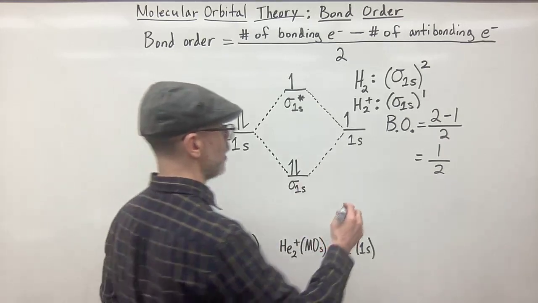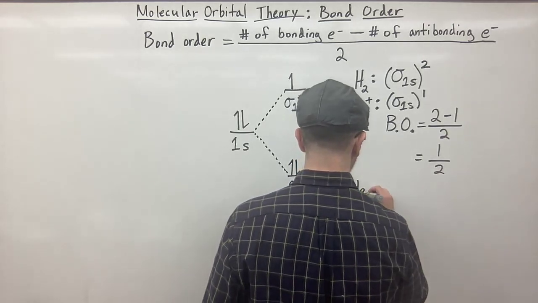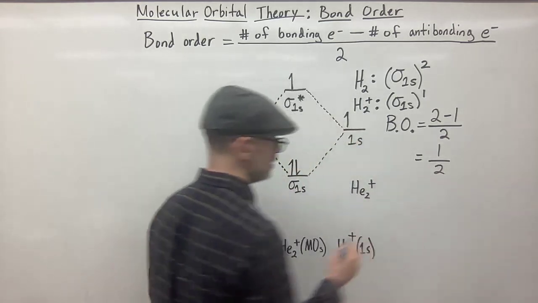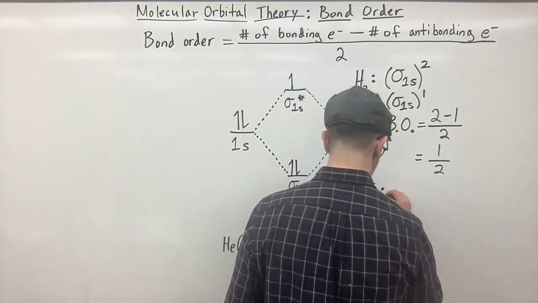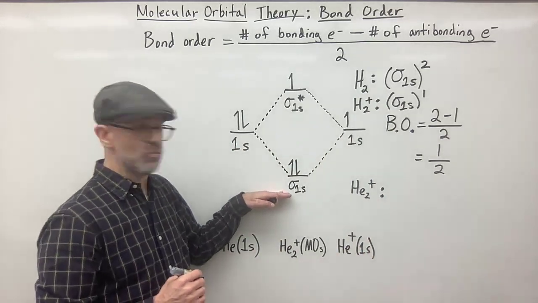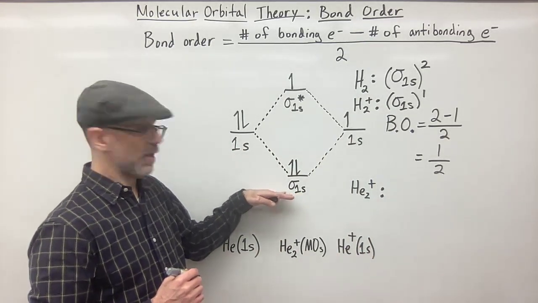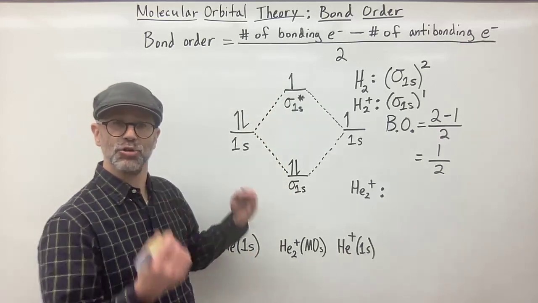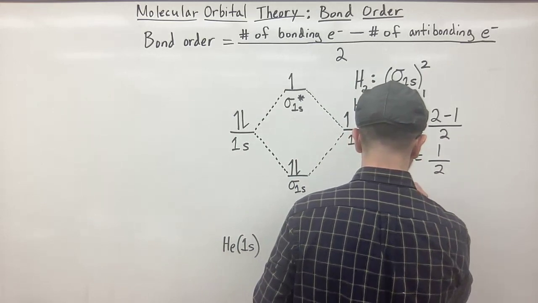So again, if we write the electron configuration for He2 plus, this is a molecule. So the molecular electron configuration is, we again start with the lowest energy molecular orbital and work your way up until you go through all the orbitals, just like any other electron configuration.